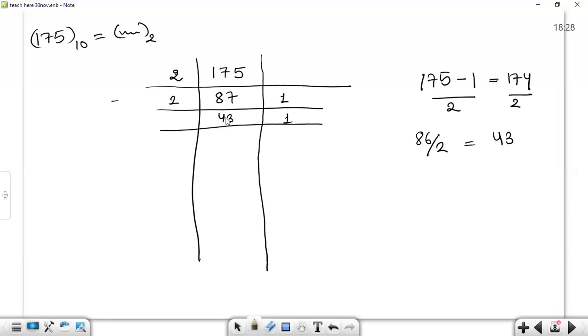Yeah. So again, this is an odd number, right? So we are always going to divide it by 2. So for doing that, we have to subtract 1. So after subtracting 1 from 43, it becomes 42 divided by 2. What is the answer for this division?